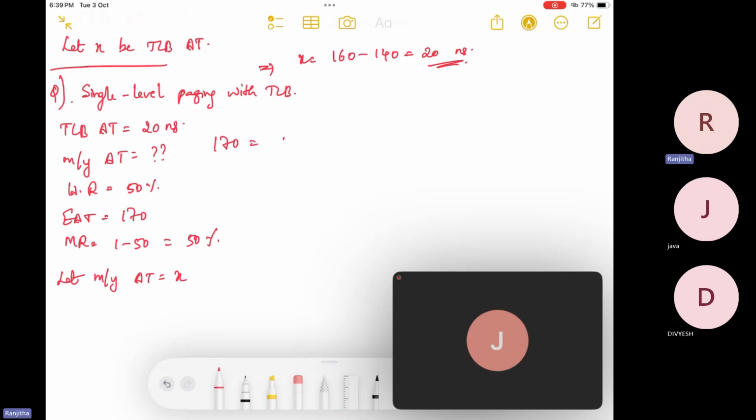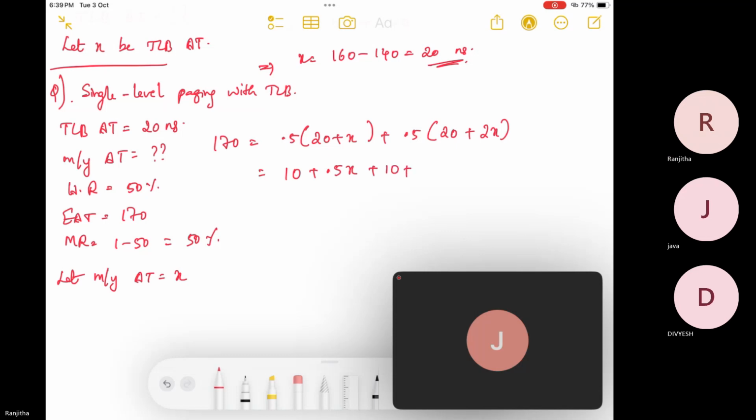So 170 equals 0.5 into (20 plus X) plus 0.5 into (20 plus 2X), which is equal to 10 plus 0.5X plus 10 plus X, which is equal to 20 plus 1.5X.